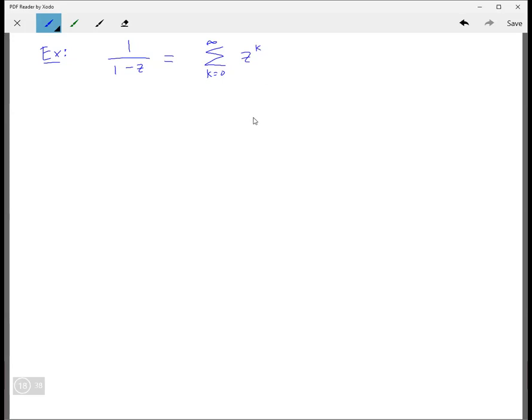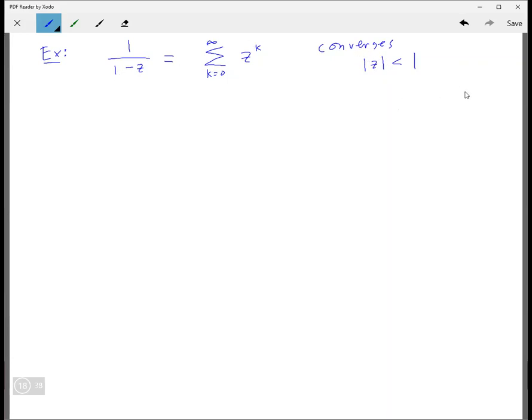Yeah, just z to the k. So this is the geometric series. This is really important. And this converges where? When the modulus of z is less than 1.